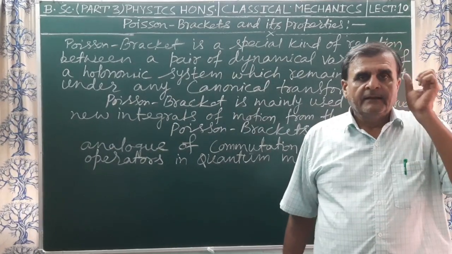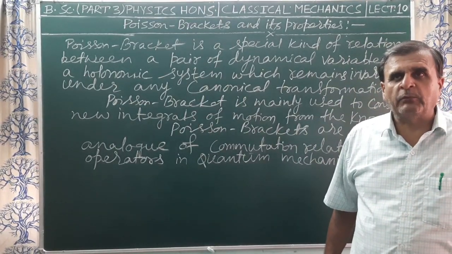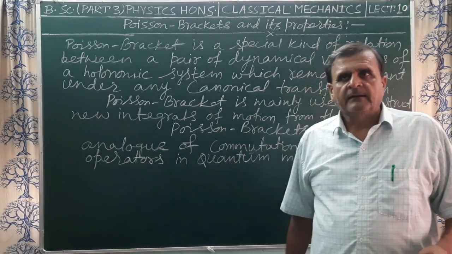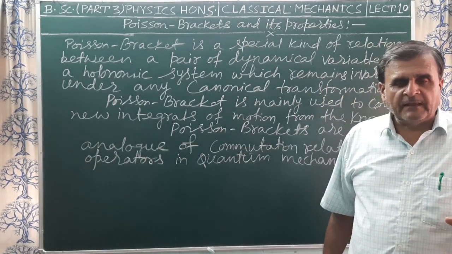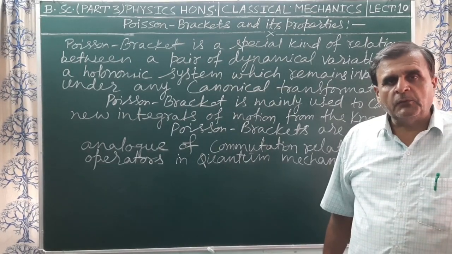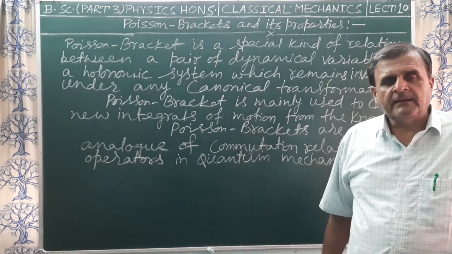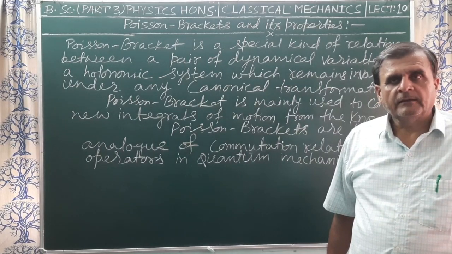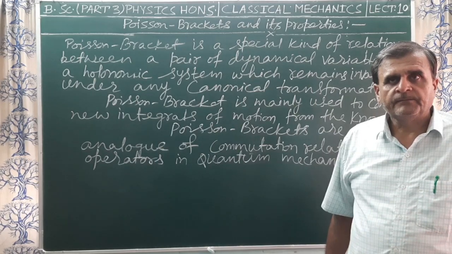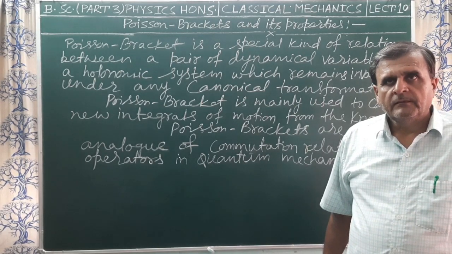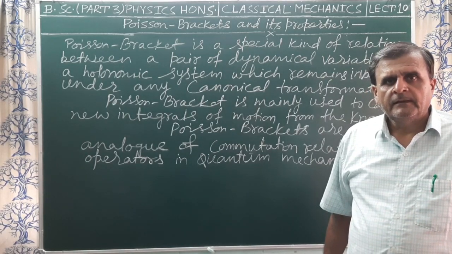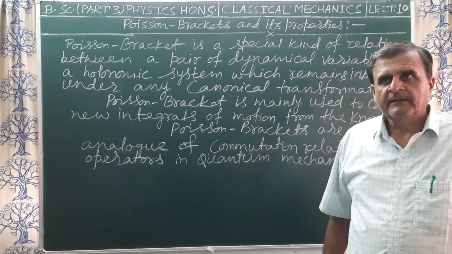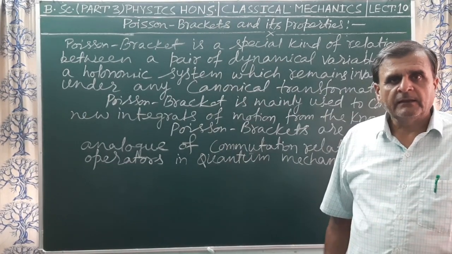So mathematically the Poisson bracket of a pair of two dynamical variables X and Y can be expressed as XY under big bracket, which is the symbol of Poisson bracket, similar to the commutator bracket we used in quantum mechanics for operators. Thus, the symbol of Poisson bracket is big square bracket, similar to commutator bracket used in quantum mechanics.